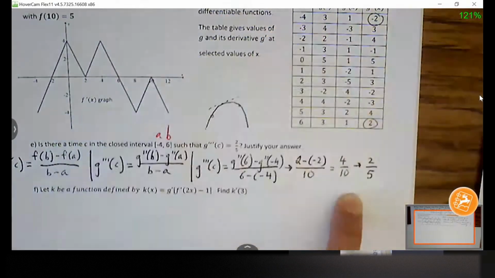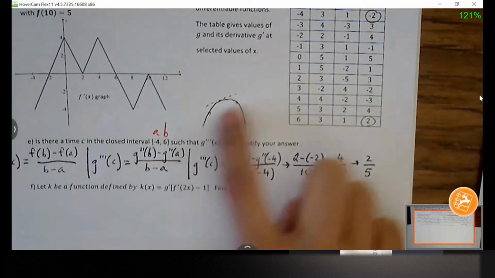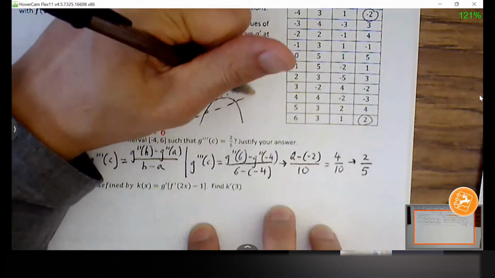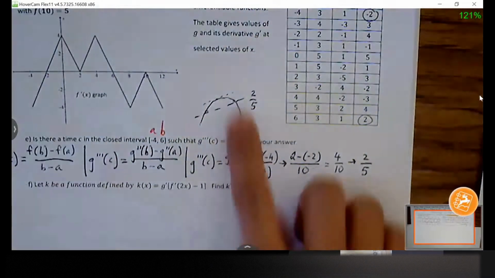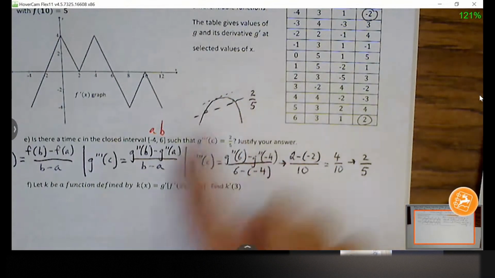That's okay. On the quiz, you'll be able to double check yourself with the calculator. So we're good, right? We know that because my G double prime has this slope of 2/5, then there must be a place where the slope, called G triple prime, must be equal to 2/5 as well.